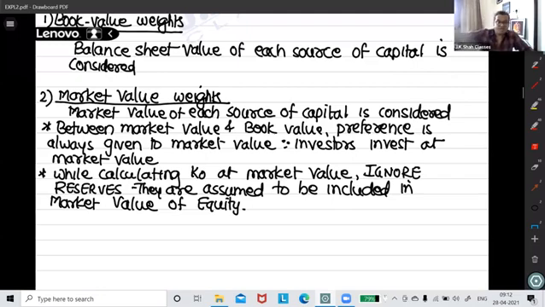They know the company has such high reserves, so they are ready to pay so much. Getting me? So if you are going for market value, keyword market value, then please do not consider reserves separately. Reserves are a part of the market value of equity. If you all understand, give me some confirmation, guys.